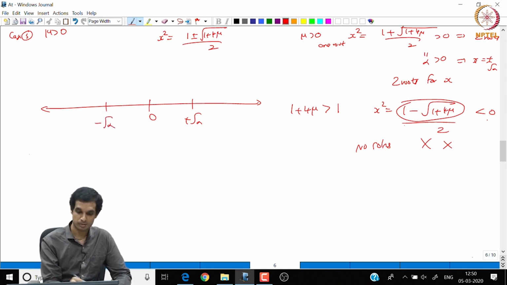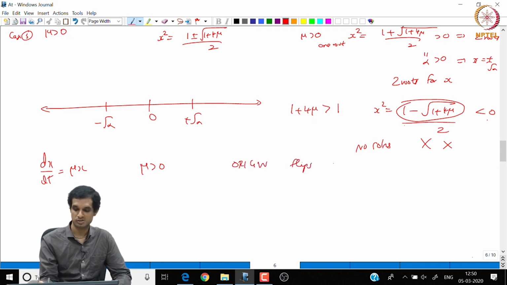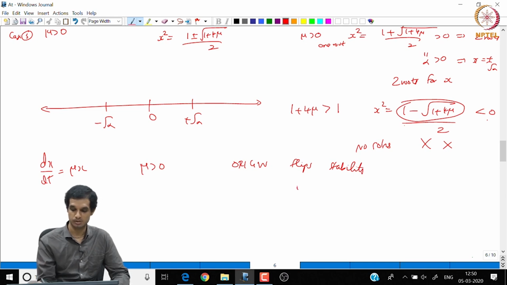And if you do linear stability analysis, dx by dt is mu x. When mu is positive, it is unstable. So, the origin flips stability, it changes from stable to unstable when mu changes from negative to positive.